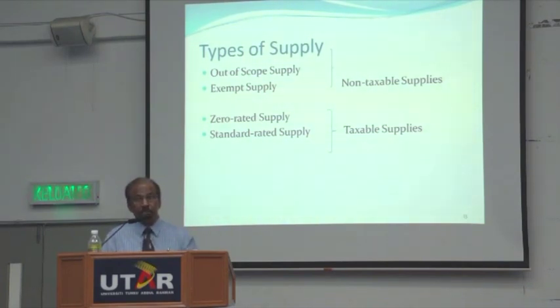Whereas in the case of exempt, they may have paid input tax on the goods, but because it's exempt, they can't charge GST. So the problem, of course, is they can't recover the input tax. We do not know how they're going to deal with it. Somehow they'll use their brains and get it back, I suppose. Probably from the customer. One way or other, they will pad it up and get it.